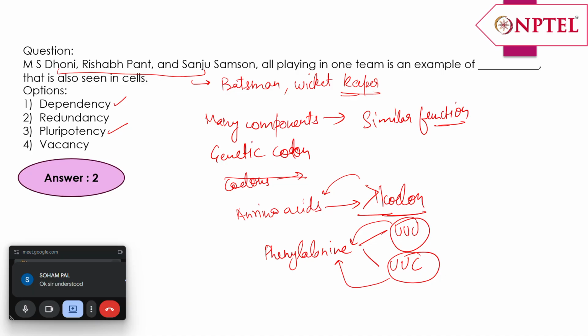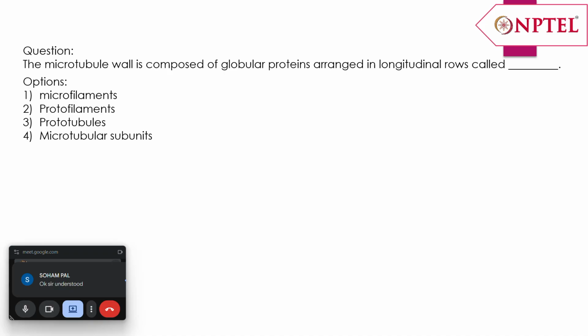Okay, so let's move on to the next question. The microtubule wall is composed of globular proteins arranged in longitudinal rows called as. So what can be the correct answer?